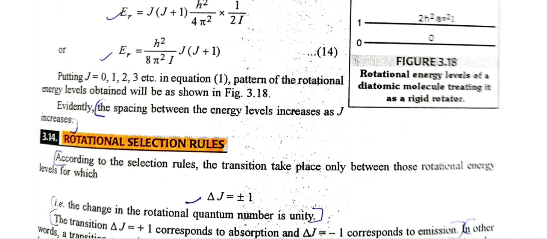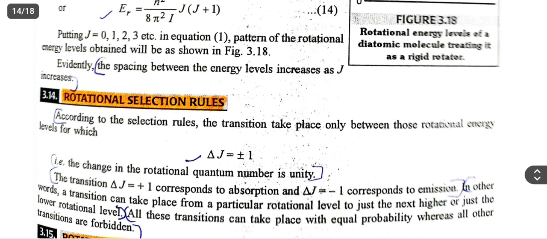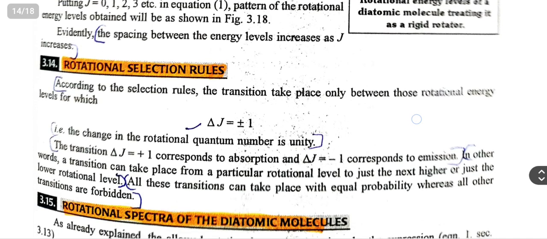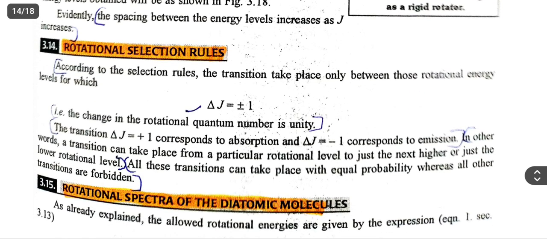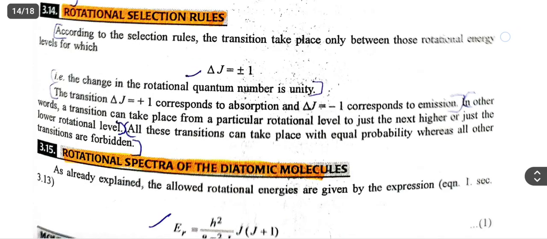In equation 1, the pattern of energy levels obtained is shown in the figure. Evidently, the spacing between the energy levels increases as J increases. Rotational selection rule: according to the selection rule, a transition takes place only between those rotational levels for which ΔJ = ±1.